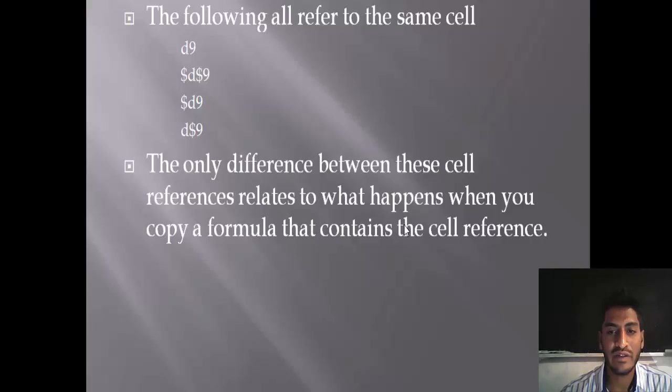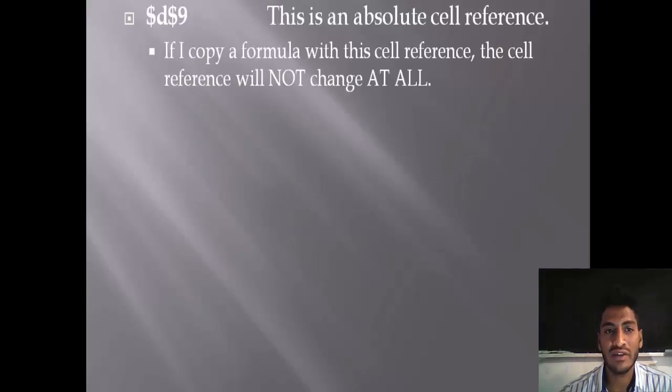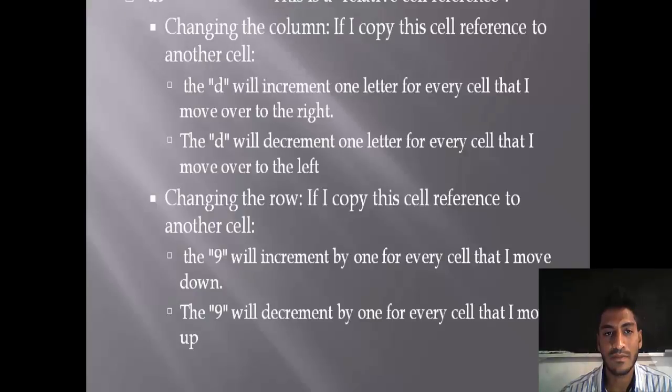The only difference between these cell references relates to what happens when you copy a formula that contains the cell reference. Absolute cell reference $D$9: if I copy a formula with this cell reference, the cell reference will not change at all.